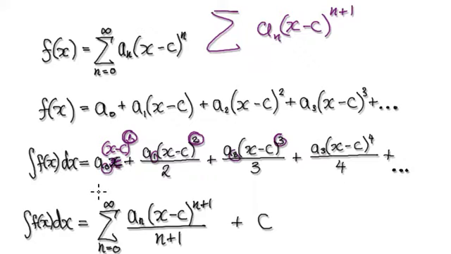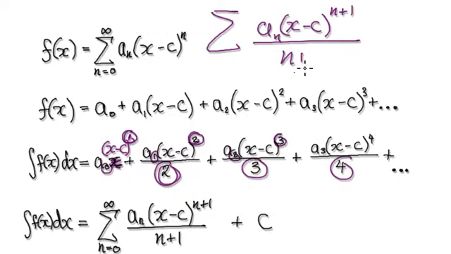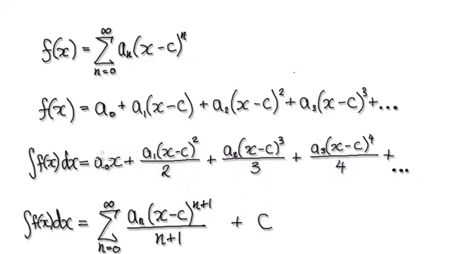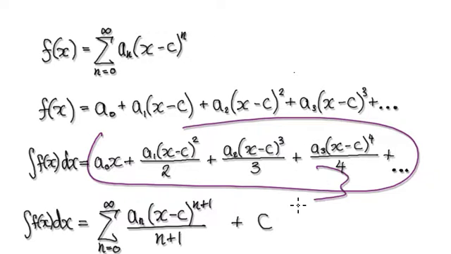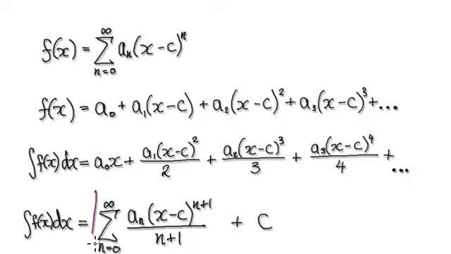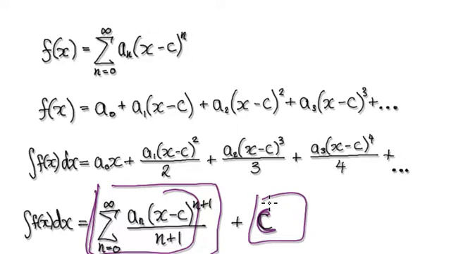When you integrate this, you've got your divided by 2, divided by 3, divided by 4, and so on, so it will be n plus 1. This time you start at n equals 0 and go all the way to infinity. Converting this back into summation form will give you this. But don't forget your constant, capital C, so this whole thing here plus a constant.